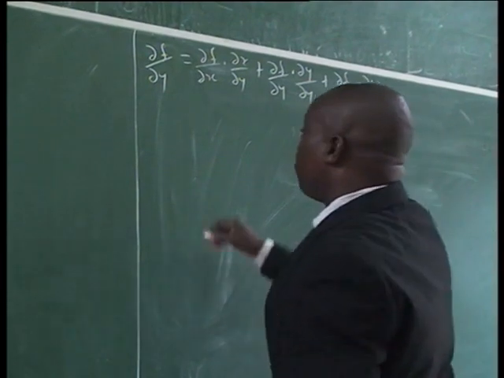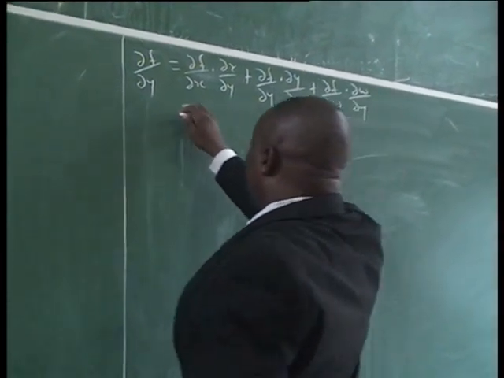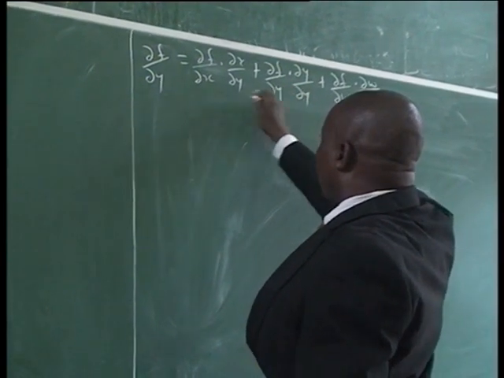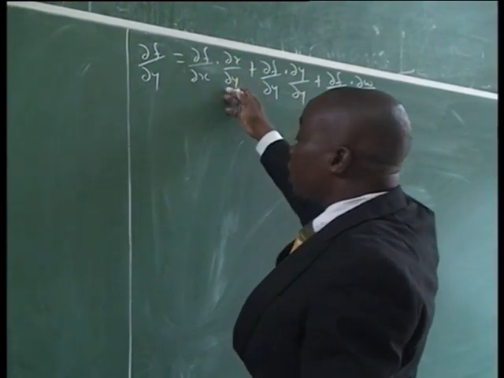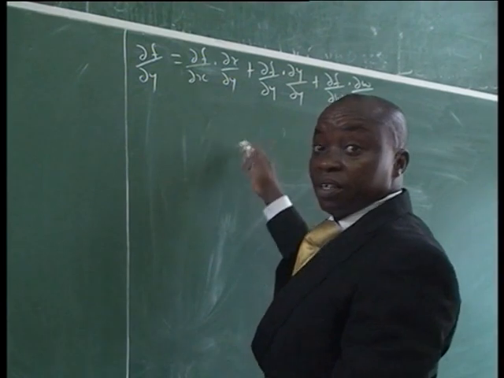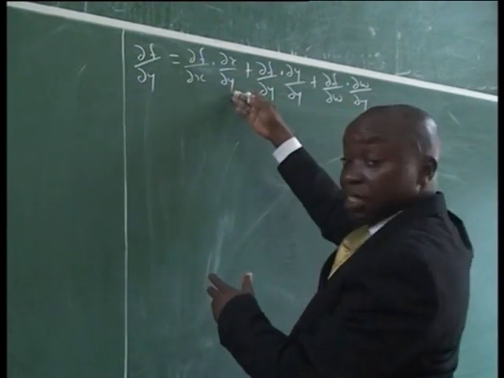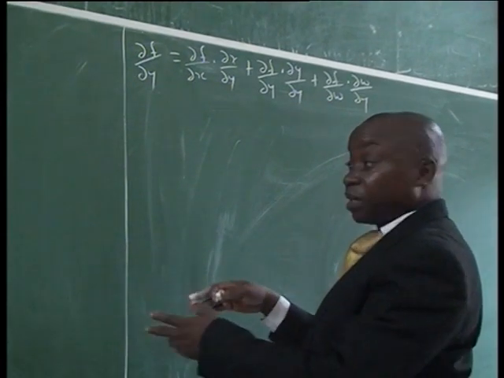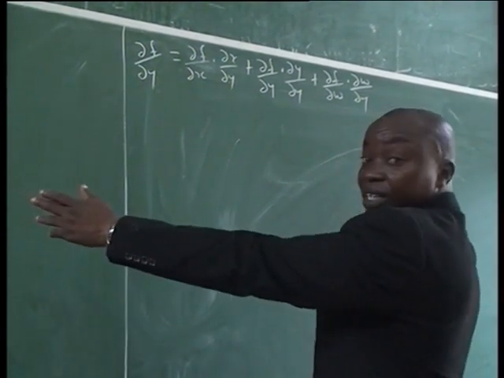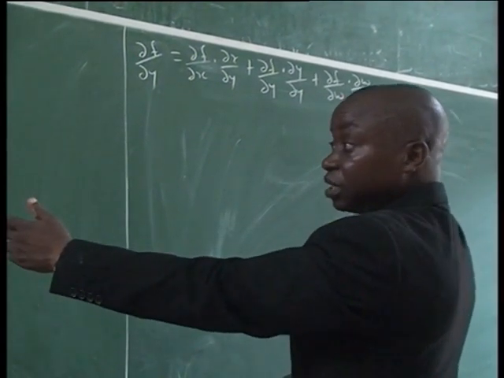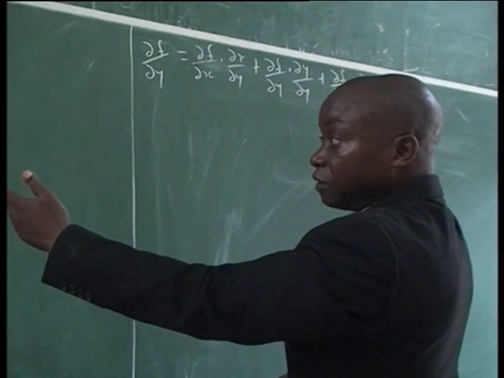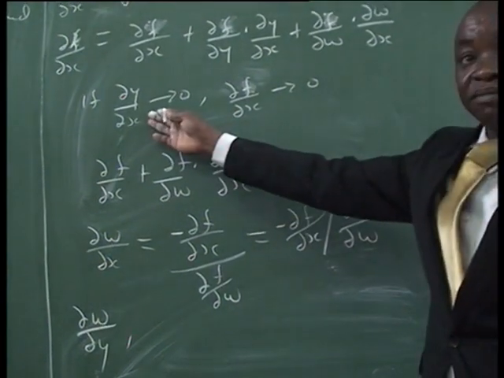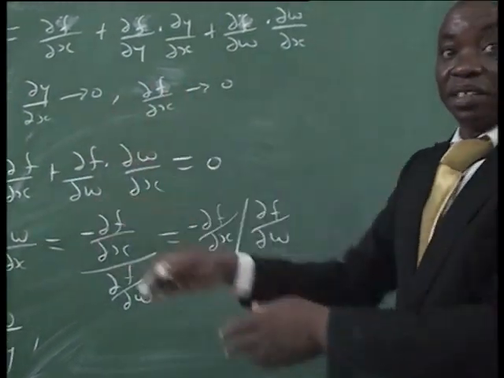Now if also we let partial f, partial y become 0, then we will have partial x, partial y is 0, because we don't talk of x this time, we are talking about y. That was why we let partial f, partial x, partial y, partial x become 0 in the previous one, because we were dealing with x.